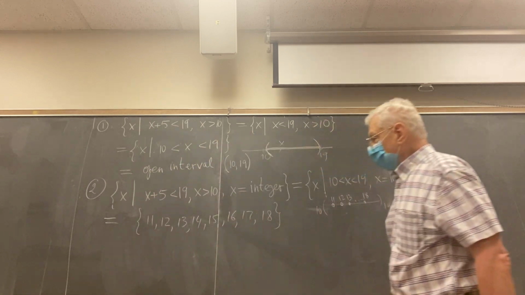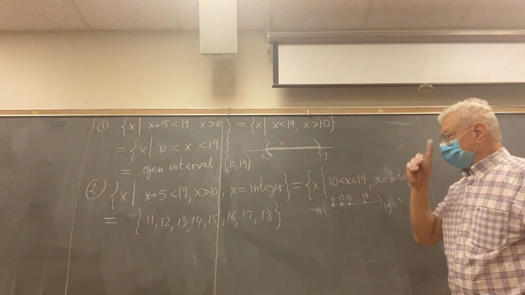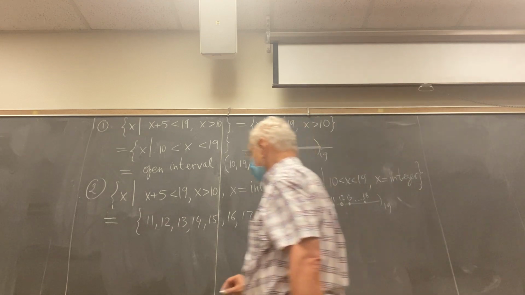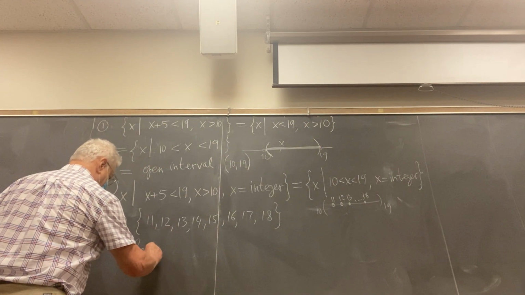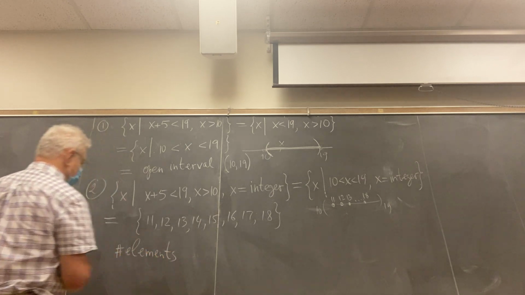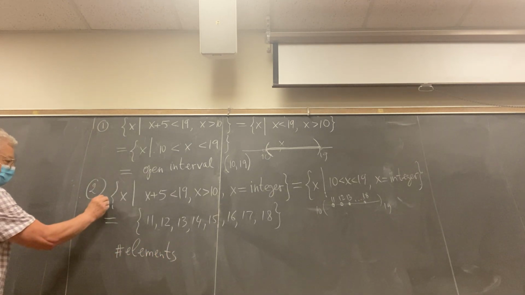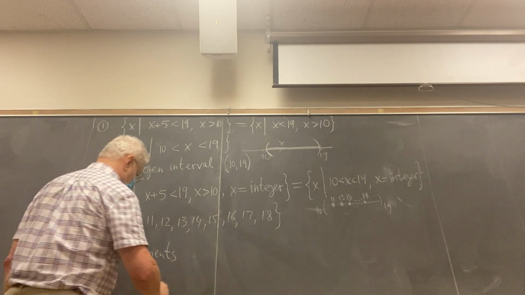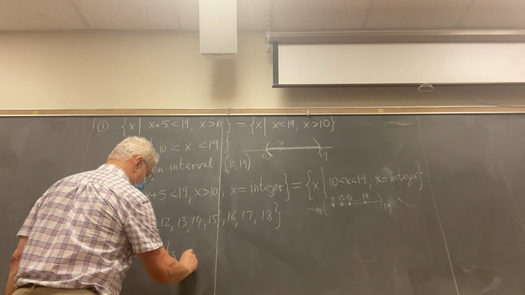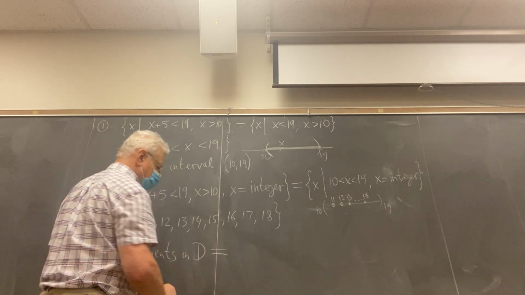Okay. Maybe I tell immediately the number of elements. How do we call this set? Let's call this set D. Number of elements in D is denoted in two different ways.